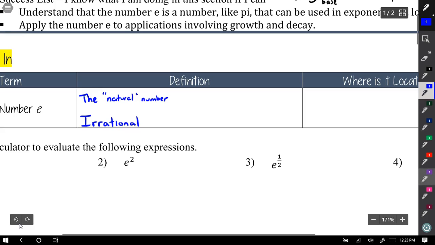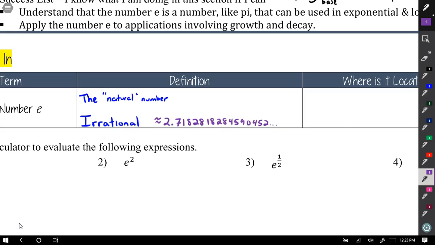Now, the value of e, well, it's irrational, so it's going to go on forever, much like pi, but it's about 2.71828, then a 4, a 5, a 9, a 0, a 4, a 5, a 2, and it just keeps going. That is e. There's no pattern to it. It just keeps going and going and going.